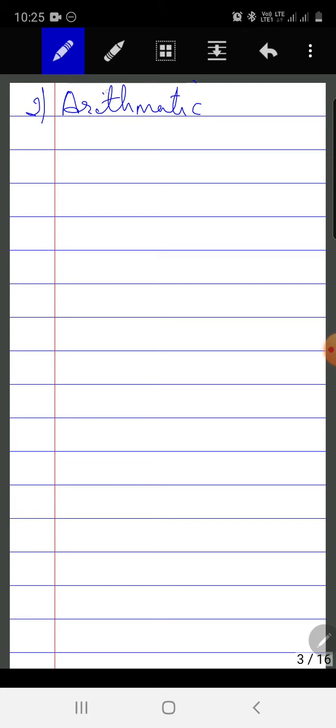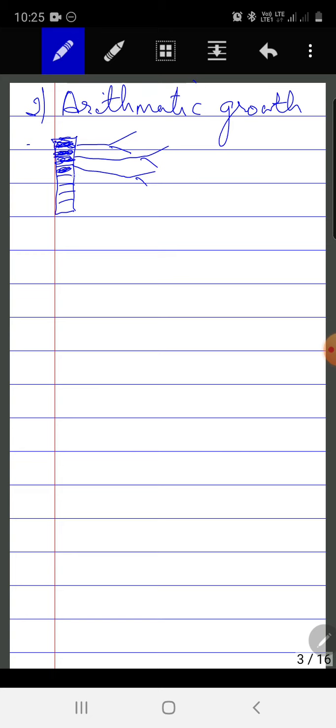arithmetic growth. What kind of growth is there? There is arithmetic growth. Okay. What we actually mean here is, now let us suppose we have a population of certain cells. 1, 2, 3, 4, 5, 6, 7, 8. Let's suppose. Now, some cells divide, right? This cell is dividing, then this cell is dividing, then this cell is dividing, and so on.